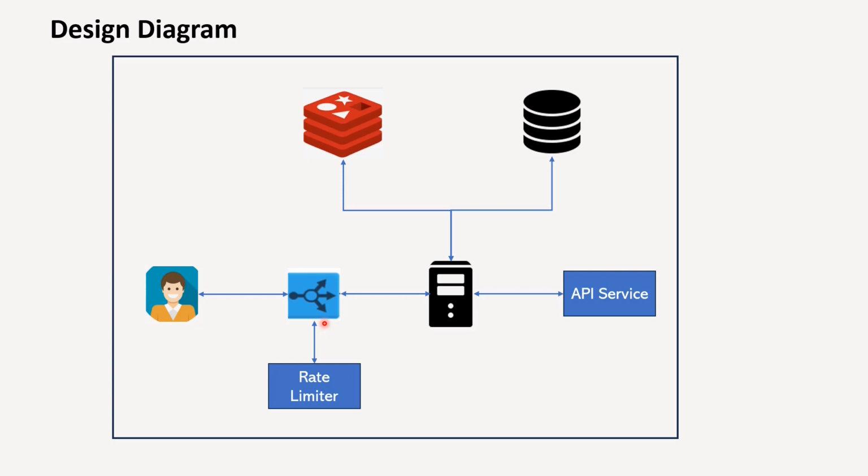The second important thing, after the load balancer, is that we have to use a rate limiter, because a rate limiter throws away the requests which are beyond the capacity of your system to serve. For example, you have a contract with some customer that you are going to serve them 10 requests per second.